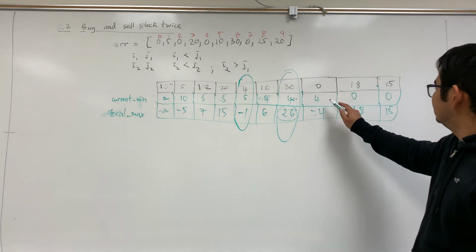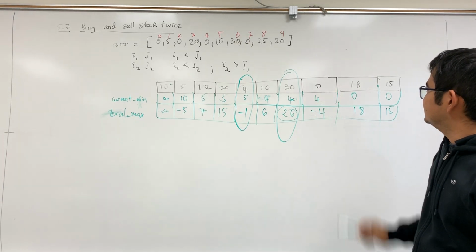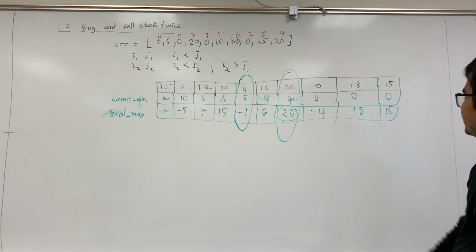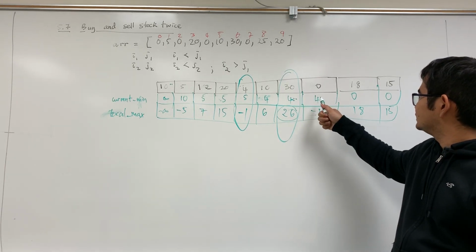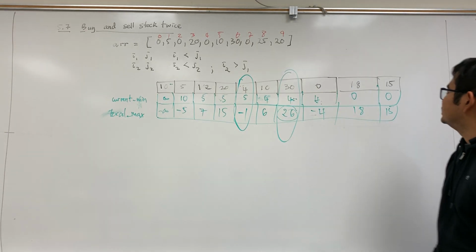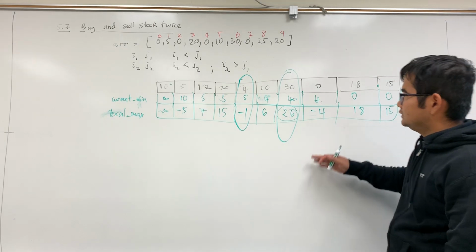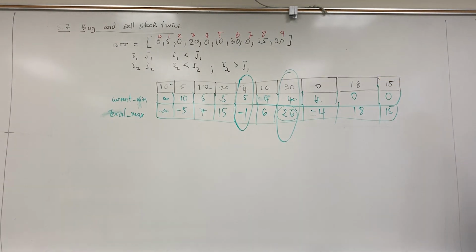However, we cannot take 4 minus 0 right here because we already sold this stock on this day, so we don't have that 4. So basically we want to create an algorithm for buying and selling stock twice.